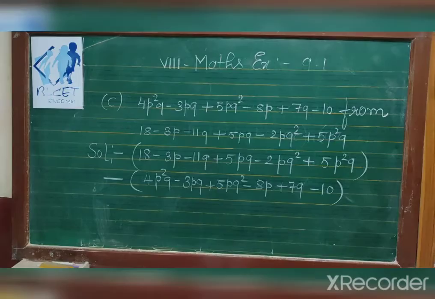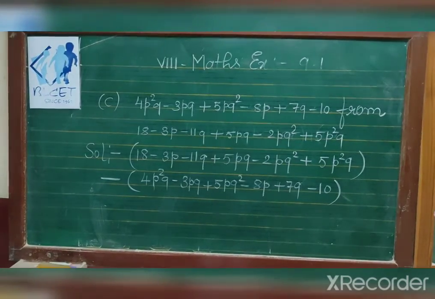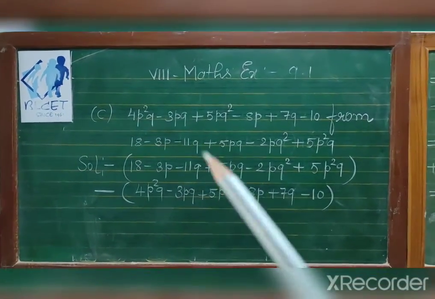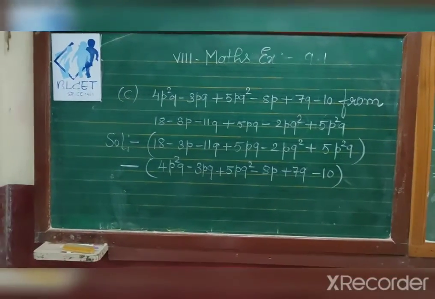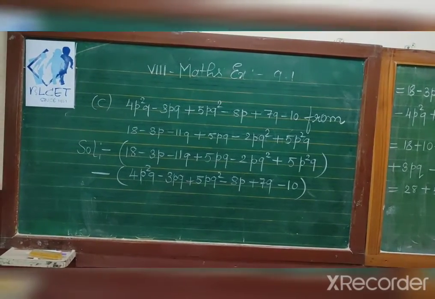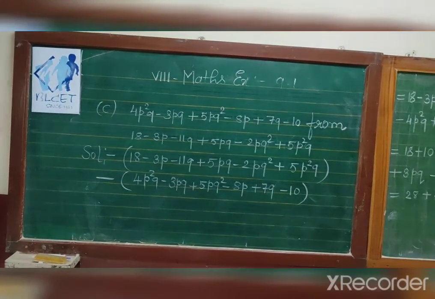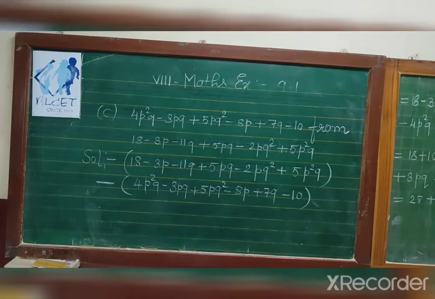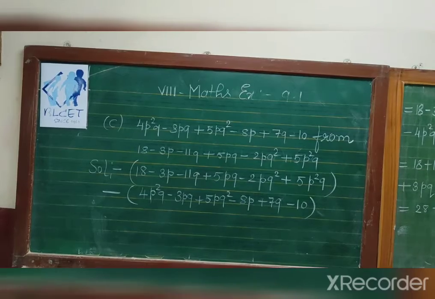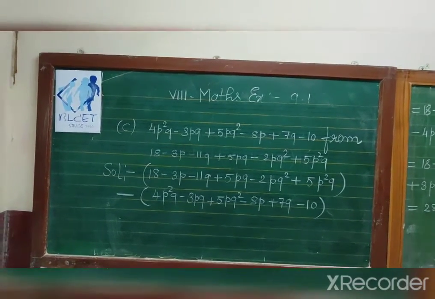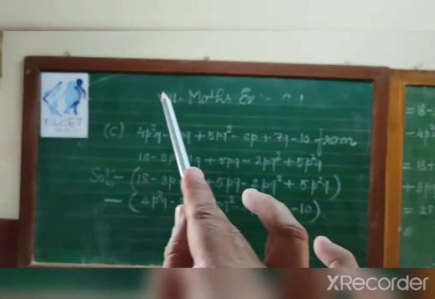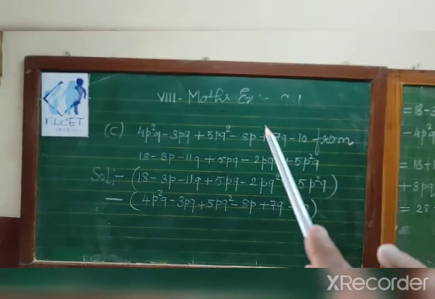Now I am solving sub-question C of question number 4, subtraction. Subtract 4p square q minus 3pq plus 5pq square minus 8p plus 7q minus 10 from 18 minus 3p minus 11q plus 5pq minus 2pq square plus 5p square q. That means we have to subtract this polynomial from this polynomial.